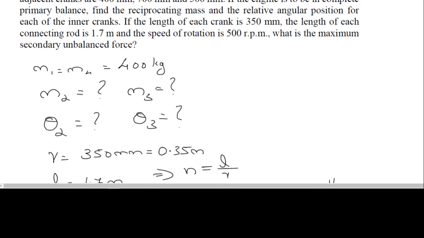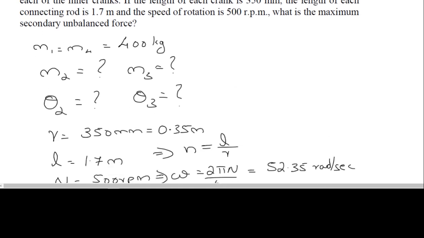And to draw the planar diagram of the planes, we follow the same procedure as we did for rotating masses. So a horizontal line, starting from the first two outer cranks, 1 and 2.